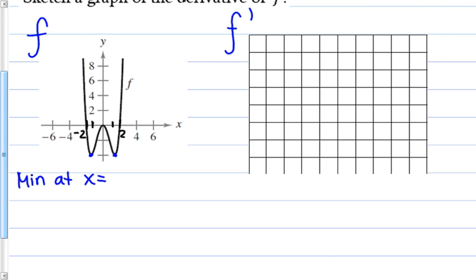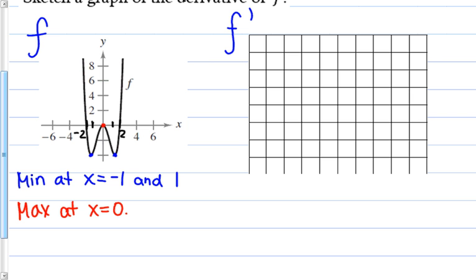I'm not asking for perfection here. This is a sketch. So we're going to go with that. These numbers are at -1 and +1, which makes it easier for us. Okay, so minimum. Now the maximum. The maximum here, or at least the relative maximum, is at 0. So max at x equals 0.